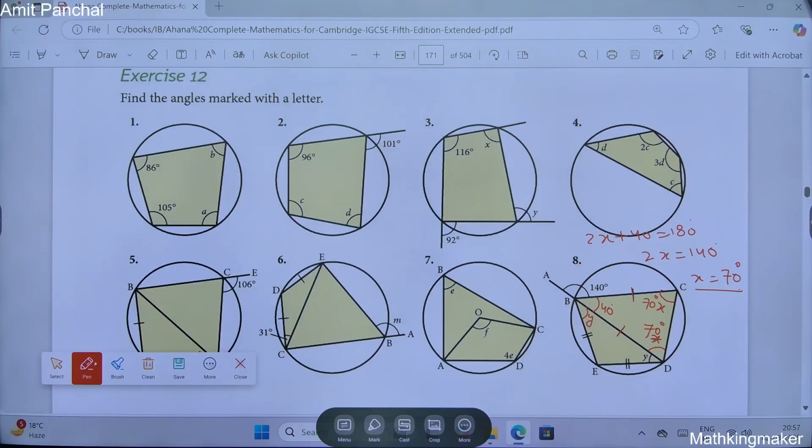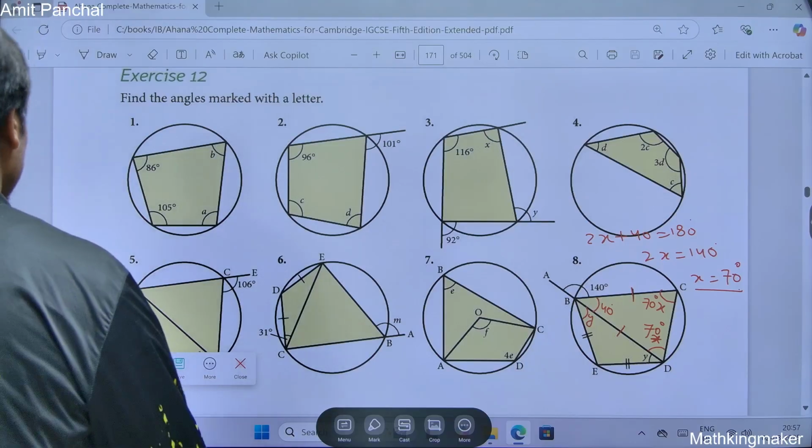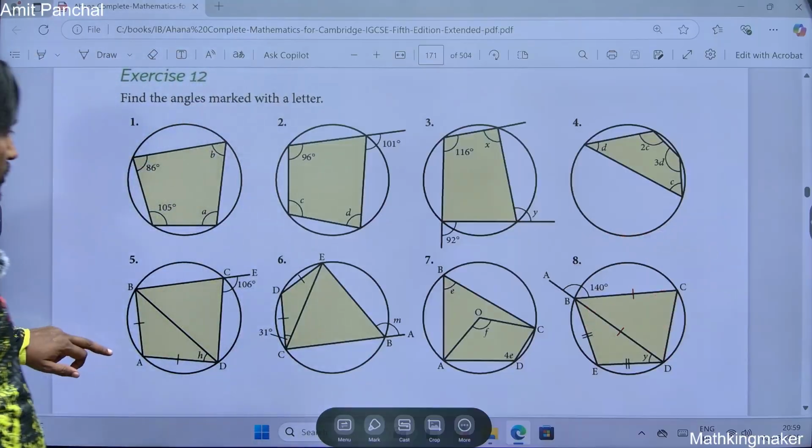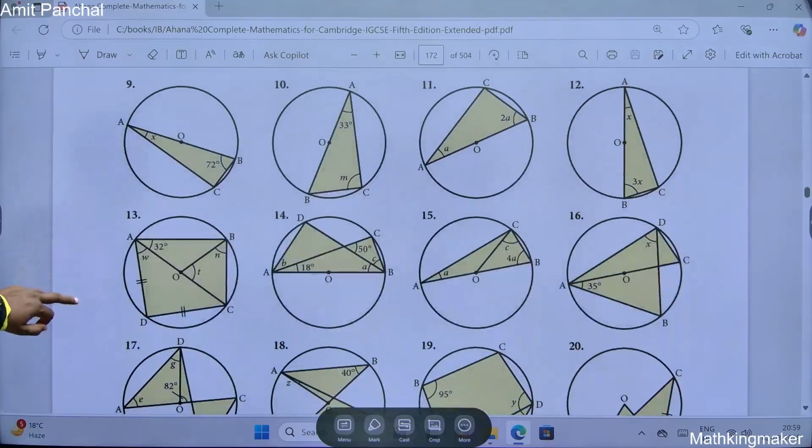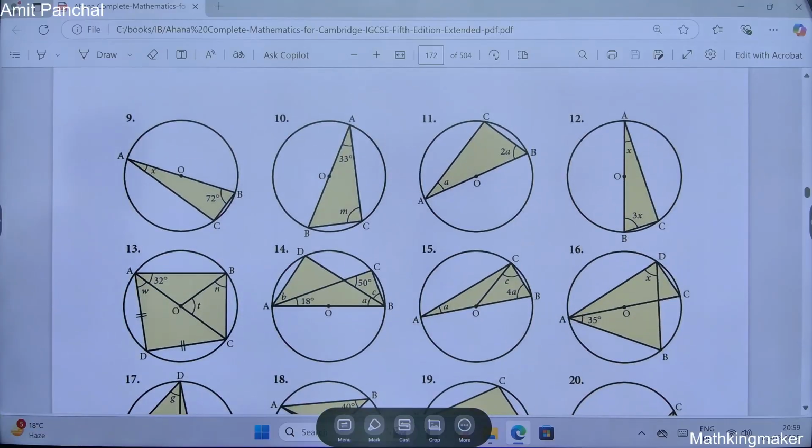As you are learning theorems, 2 or 3 or 4 theorems may be implemented in the question. As you go deeper and deeper, you will see difficult questions. If you are good in concept, then you can solve the question.